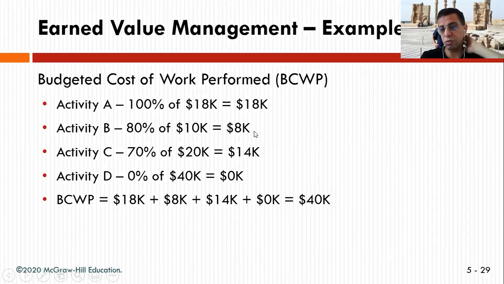And activity C, as we said, you are at 70 and supposed to be at 80, but 70% is what's supposed to be consumed and not 80%. And that's $14,000. And activity D, you did not start anything, so you should not be taking money, but you saw in the budgeted there is something like $6,000. So the budgeted cost of work performed, you add them together and you have $40,000.